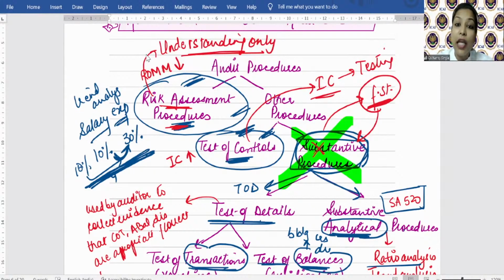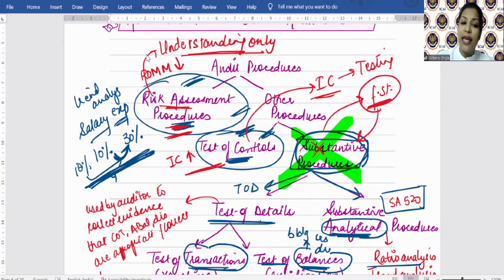Can it happen that if the assessed risk of material misstatement is low and the internal controls are very good, the auditor will skip the substantive procedure? No. The auditor will have to perform the substantive procedure because after all he is giving his opinion on the financial statement.